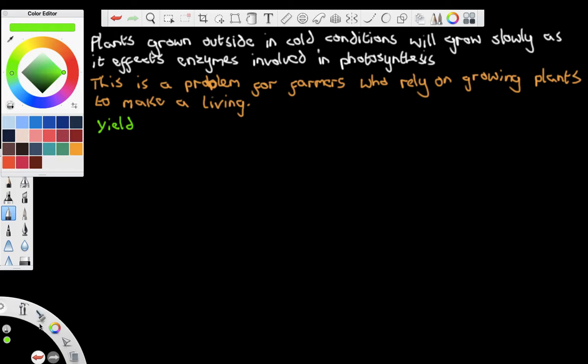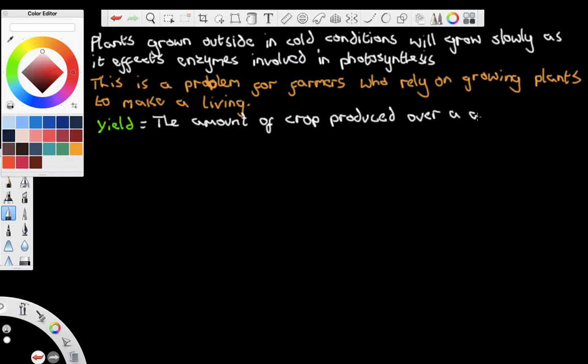In this case, we can say that plant yield is the amount of crop produced over a given time. So that given time might be over one season of growing. Okay?